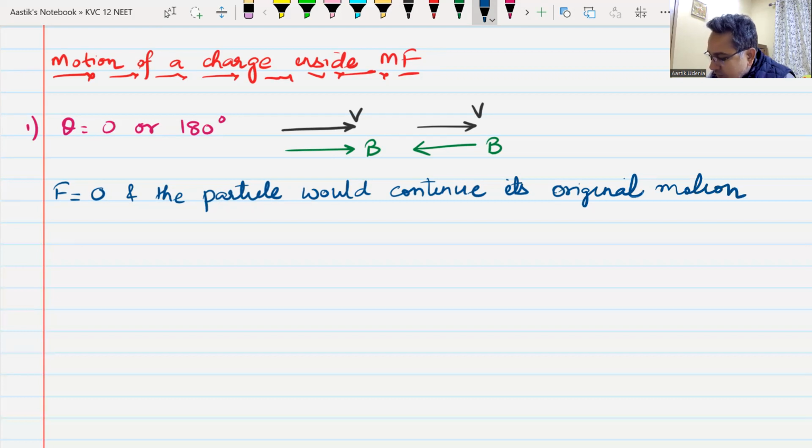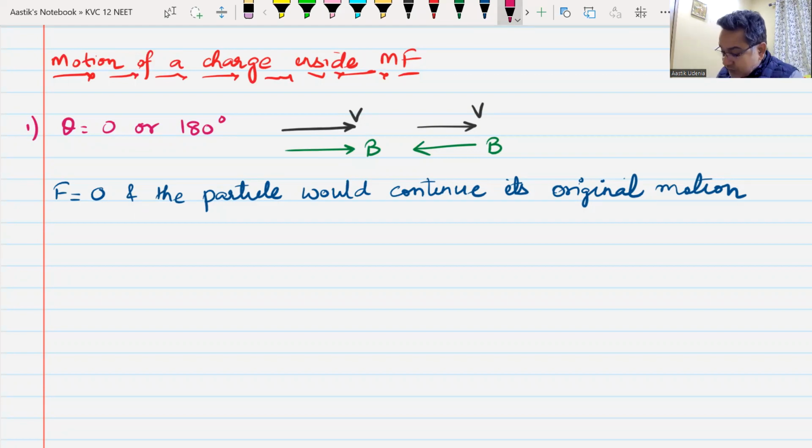Whatever the motion it was following, it will continue its original motion and nothing will happen because the force acting on the particle is 0. I hope you understand this, everyone. Yes or no? Okay, this is case number 1, when the angle between force and velocity vector is 0 or 180 degrees.